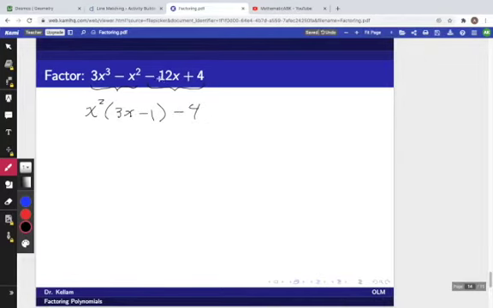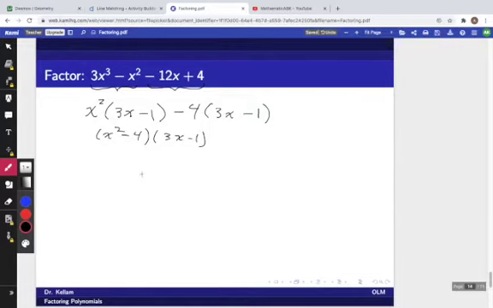Now, why is it a negative 4? Simple. If we pulled out a positive 4, we would be left with a plus here, and we have to have a minus in order for us to be able to do the next step of factoring by grouping, which is to write out x squared minus 4, 3x minus 1.